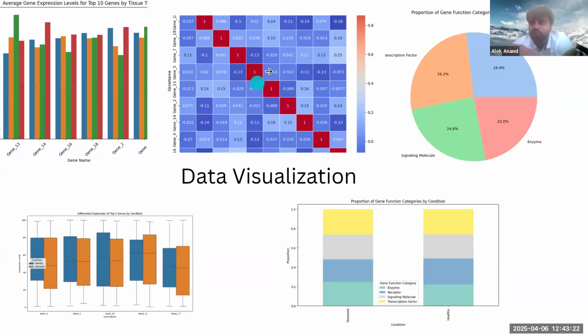This is termed the correlation heat map, which shows us how the different genes are correlated with each other. Here we are showing a pie chart, which is showing the proportion of gene function categories or something, right? So we are showing the proportion of something in the different conditions.